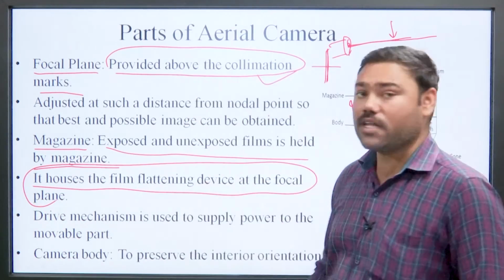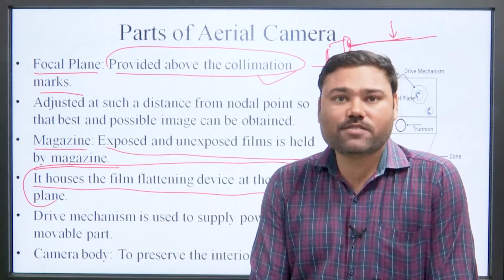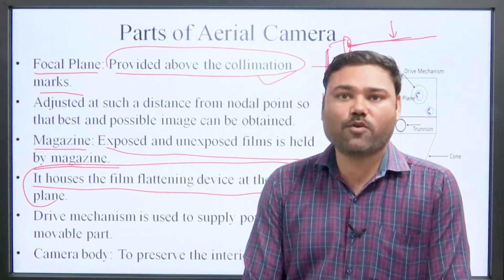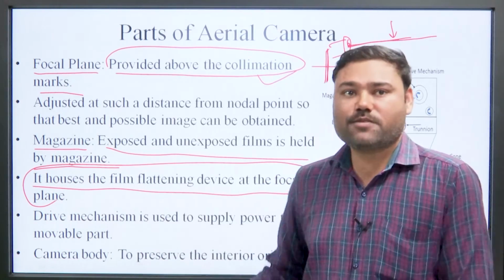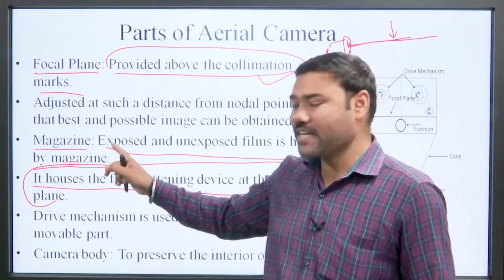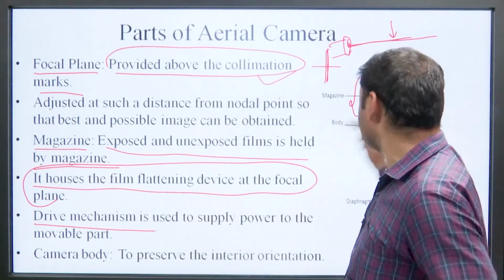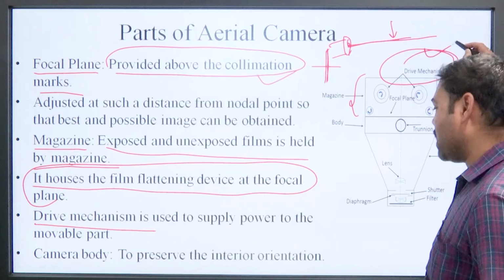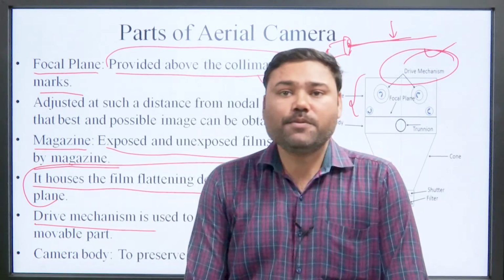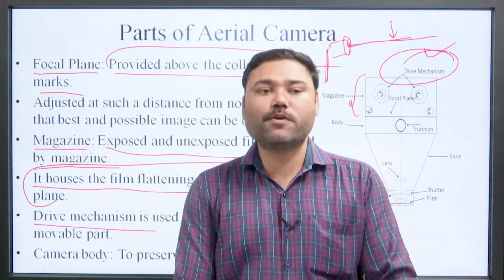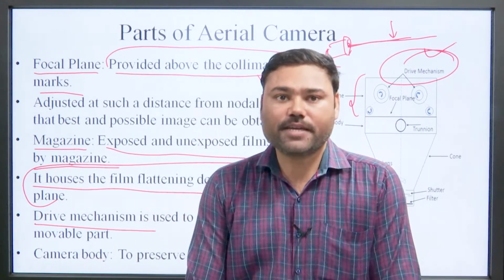It also controls the film flattening device, which is used in an aerial camera for proper photography. Drive mechanism is generally used to supply power to the different movable parts present in a camera.